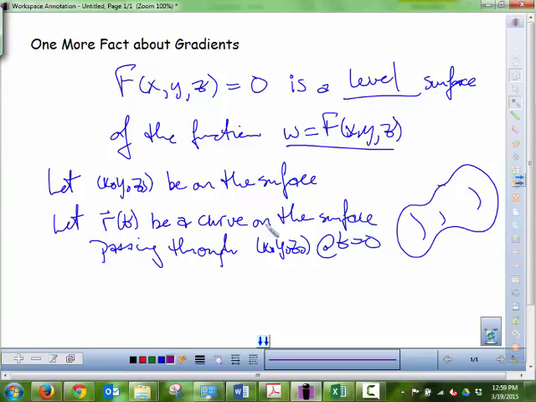And then we'll say that this curve r of t is just some curve on the surface. And then let's say this is our point x naught, y naught, z naught.